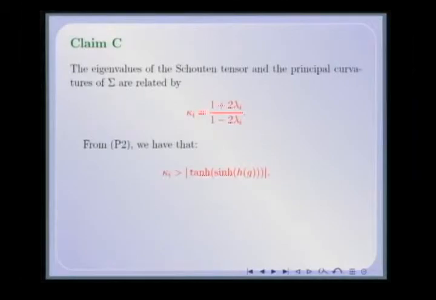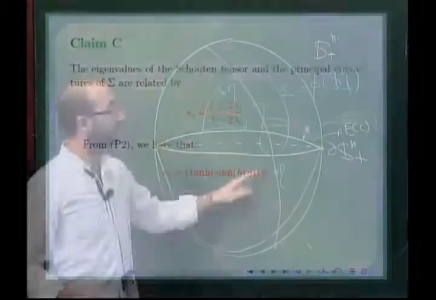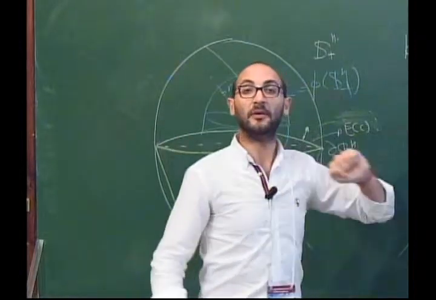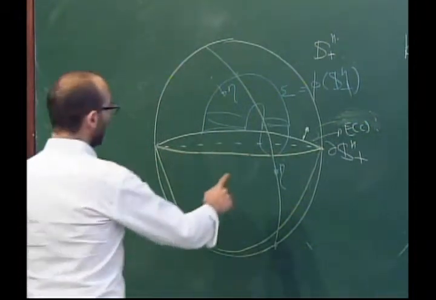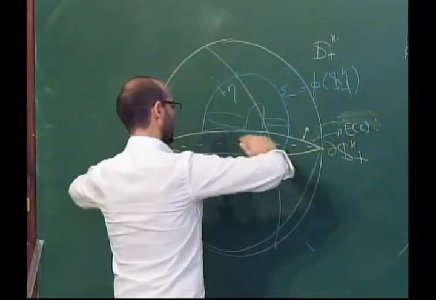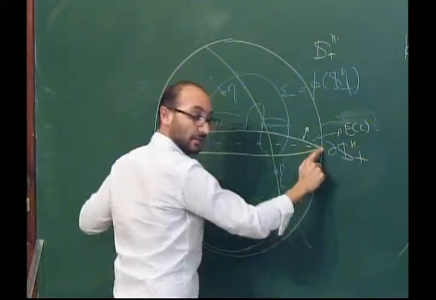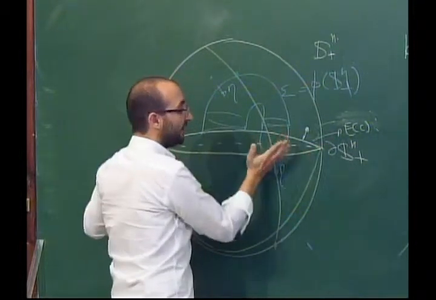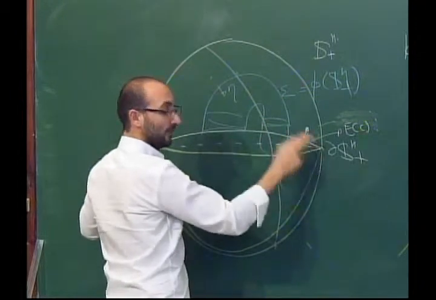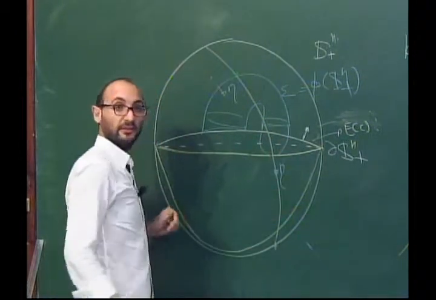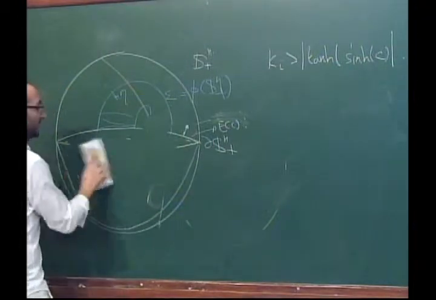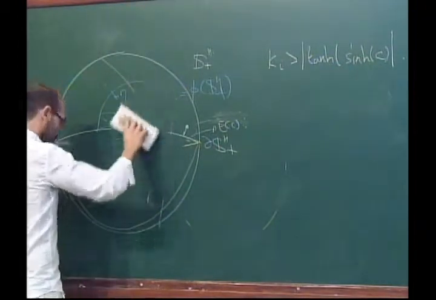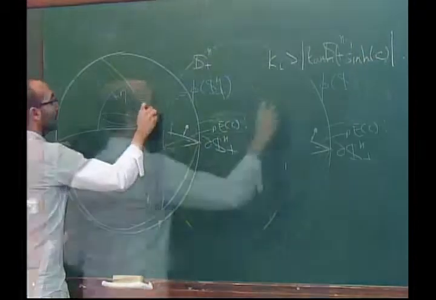So the normal has to point in this direction. But this is a contradiction with the principal curvature. So that implies that if you foliate until you get here, the surface cannot be below this hypersurface, this equidistant. So the picture has to be something like this.